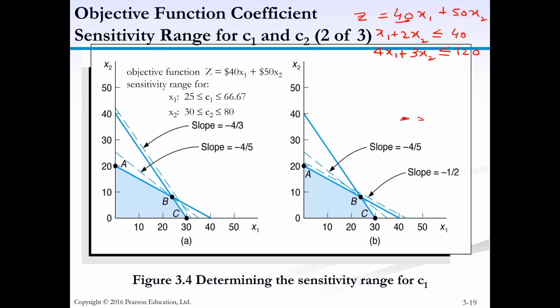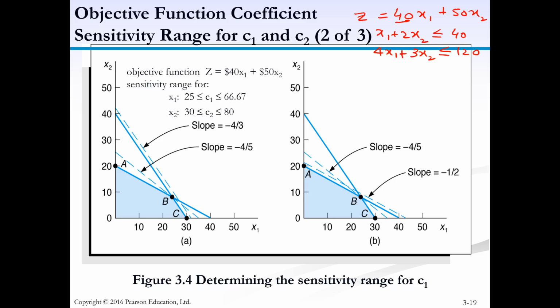One way is to simply look at it, and we can tell that if this 40 becomes 25, then the ratio is 25 to 50, the same slope as 1 and 2, and it will change. On the other hand, with 4 and 3, this becomes 66.7 and 50, which has the same ratio as 4 and 3. But we can do it by following a few steps so that we don't make mistakes.